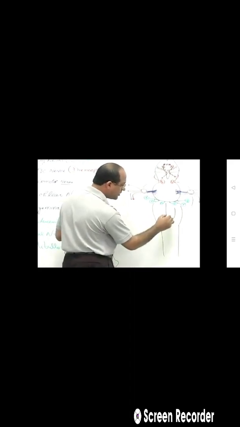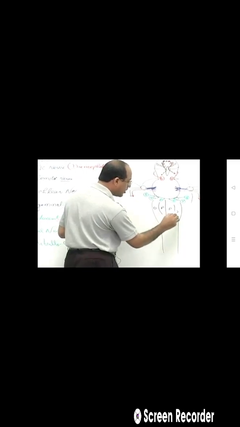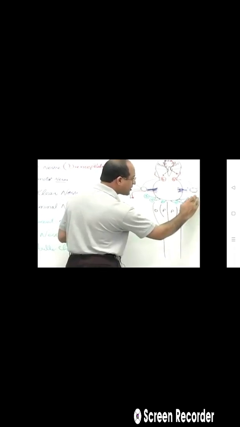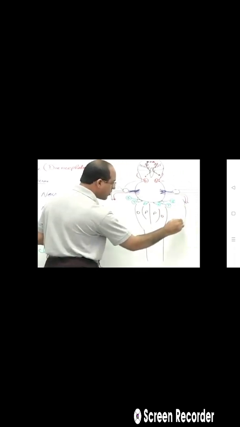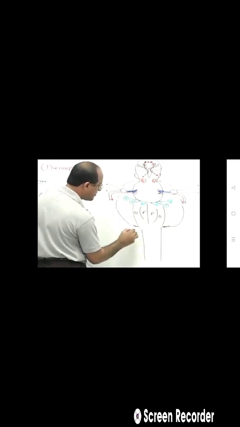In this area, there are two swellings related with the medulla. Just on the side of the median, this area is called pyramid. And on the sides of the pyramid, there is the olive. And on the side of all these structures, what is here? Cerebellum.